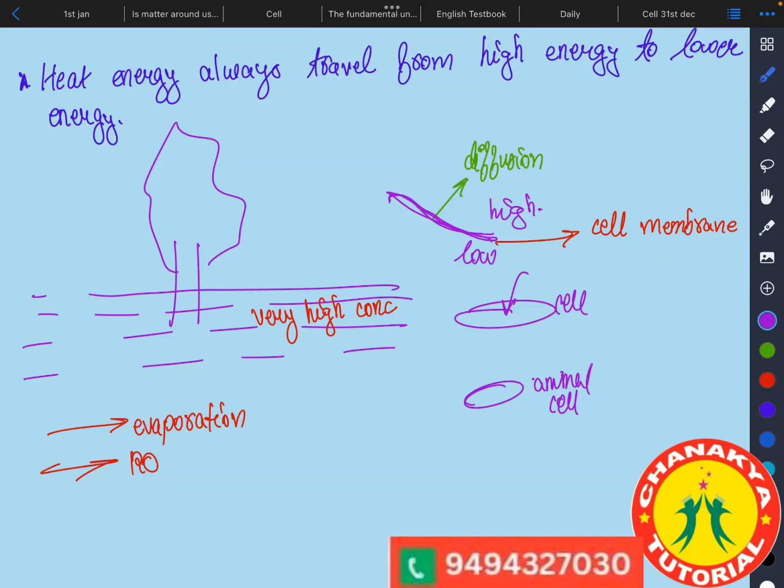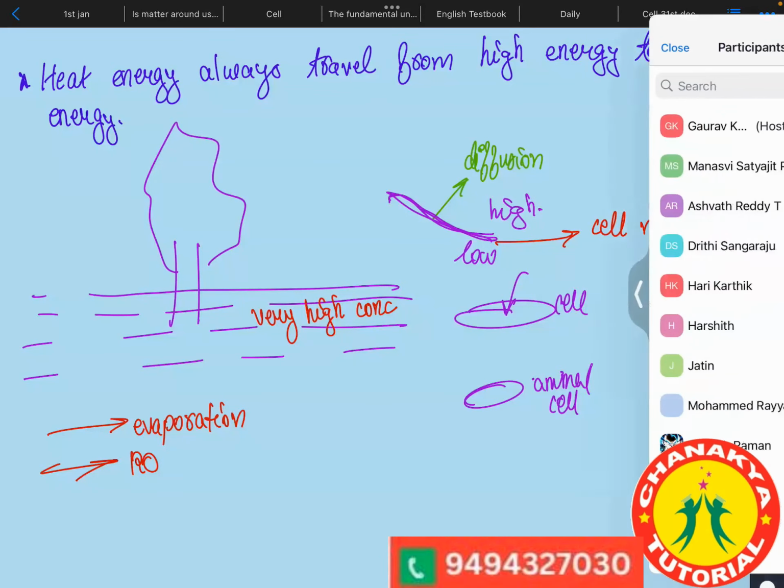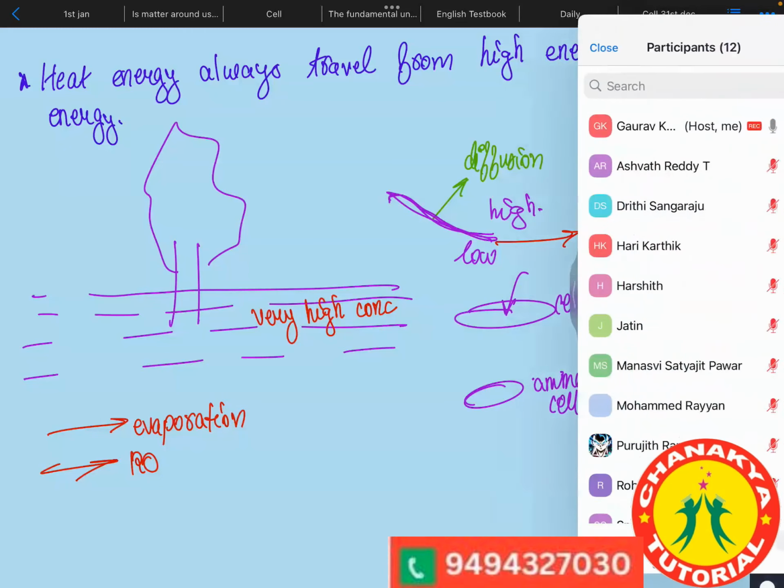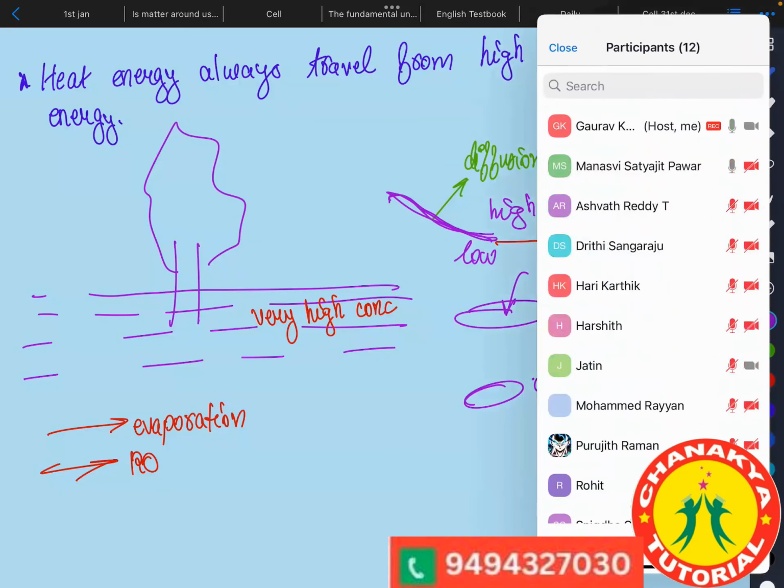So how was the cell able to resist for this time also? Animals can be in water for some time. So how is the cell able to resist that? No, for some time, let's say, this diffusion process is very slow. It is not that fast.